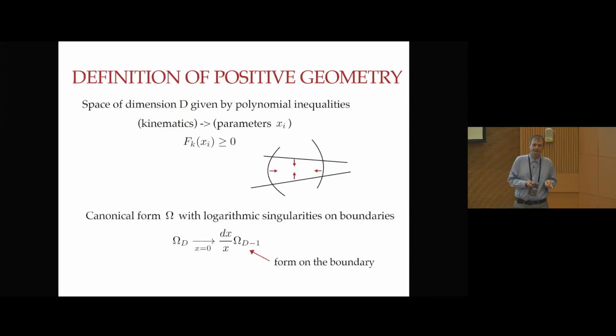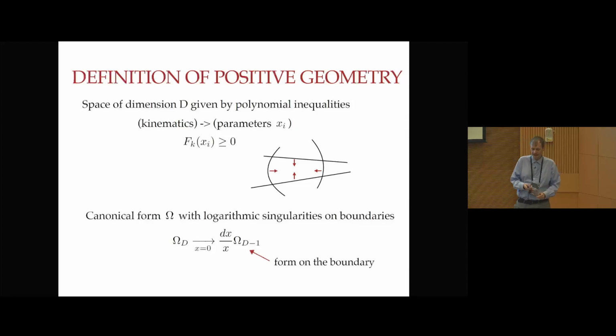And the second thing is that the positive geometry is equipped with a canonical differential form omega, which has logarithmic singularities on the boundaries. So we start with some d-dimensional differential form, and whenever we approach a boundary, when one of the parameters, let's say x, is 0, the boundary of the geometry, then the form gives us dx over x times a form which is a differential form on the lower dimensional boundaries.